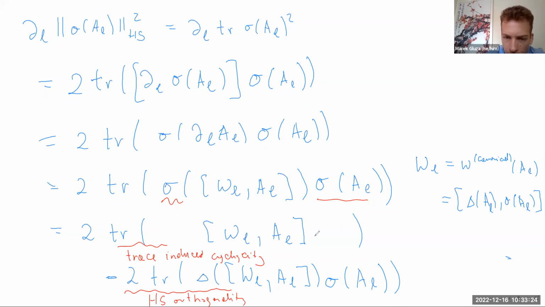The double bracket stays, and sigma AL stays, like this. Okay, let me see if I can move it. No, that didn't go well. All right, I cannot stop it now. But yeah, it's just expanding sigma for the double bracket. Okay.